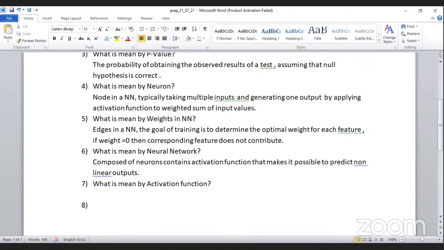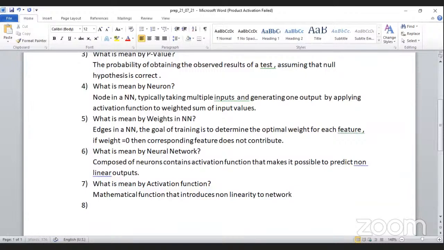With the help of this activation function, we are adding non-linearity to our model. So it is nothing but a mathematical function that introduces non-linearity to the network.